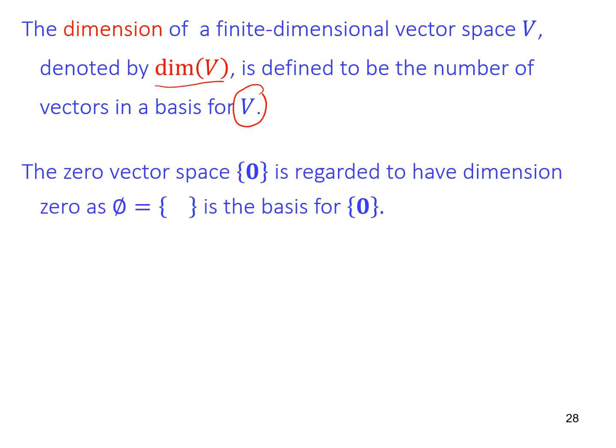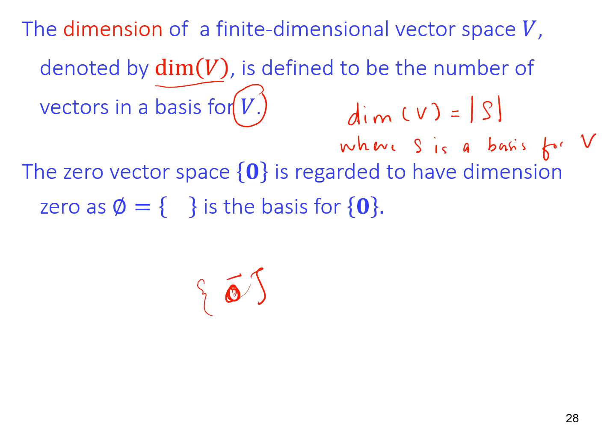Therefore dim V is the cardinality of S, where S is a basis for the vector space V. For example, the zero vector space. Remember that for any vector space V, let 0 be the zero vector, and a singleton set whose only element is the zero vector is a zero vector space.